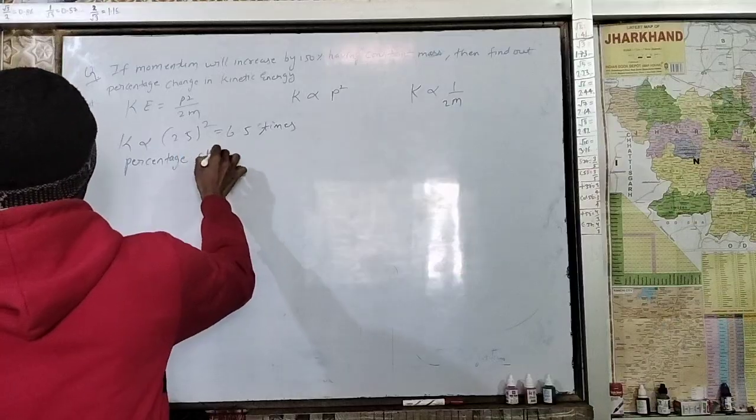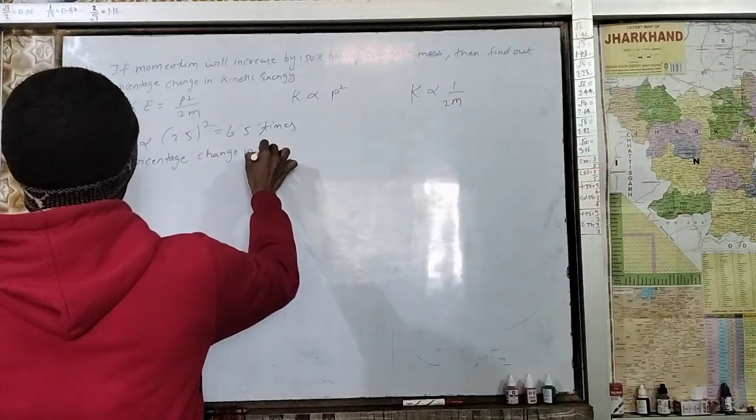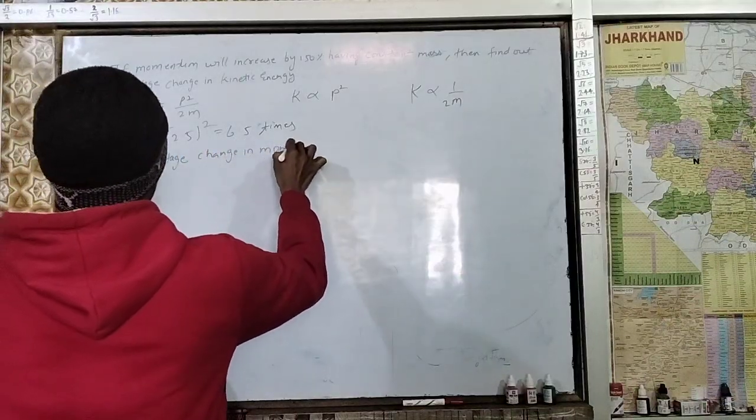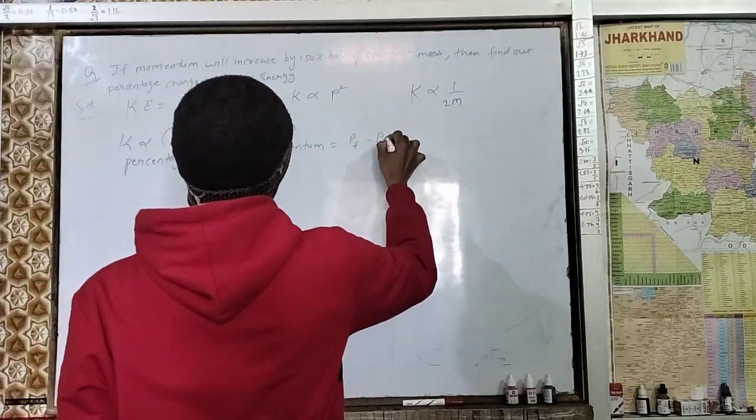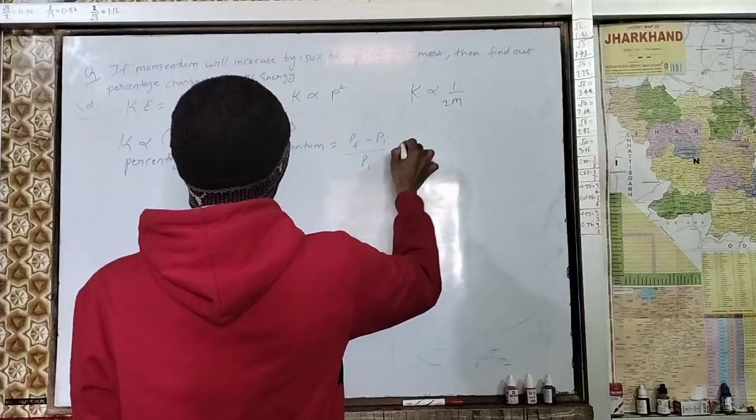Percentage change in momentum will be equal to P final minus P initial upon P initial, multiplied by 100.